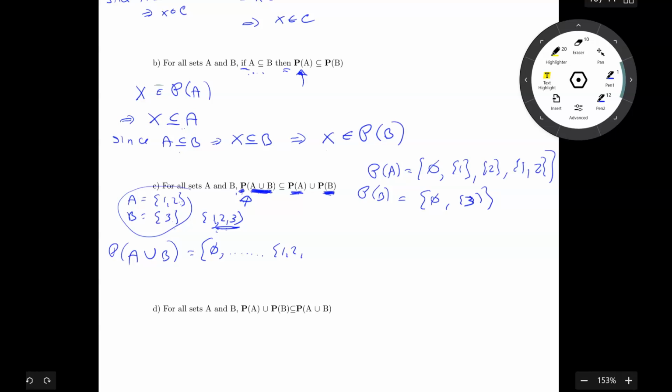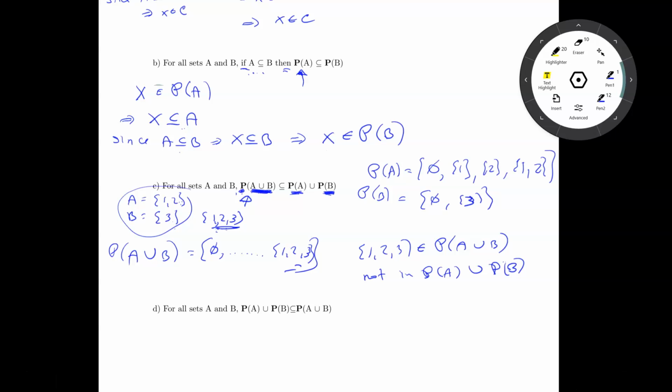I would have this set in here, but it's not in here. So I would say the set 1, 2, 3 would be an element of the power set of A union B, but not in the power set of A union the power set of B.